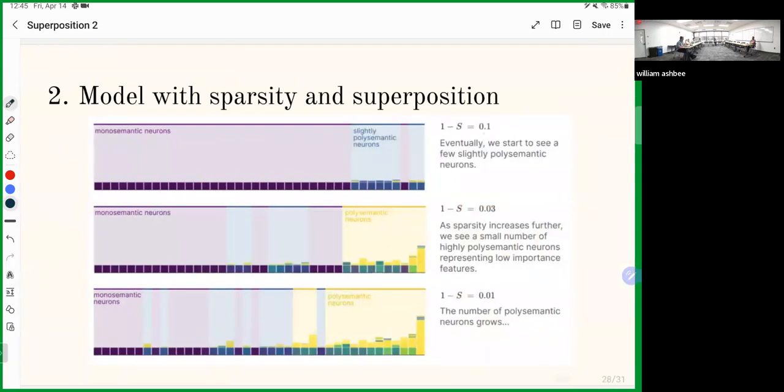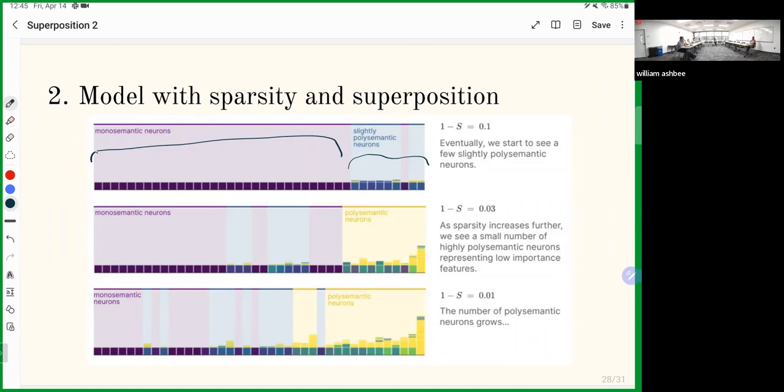At a sparsity of 0.9, we start to see that some neurons encode not only the most important features but also the superposition features. So it starts to find a way to utilize not only the most important neurons but also some less important neurons, and actually minimize the loss function.